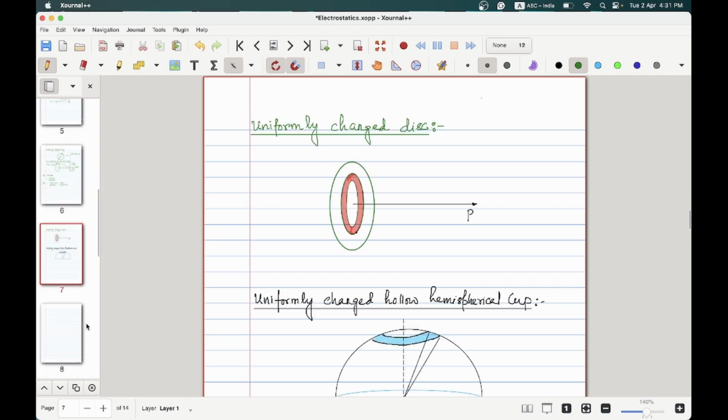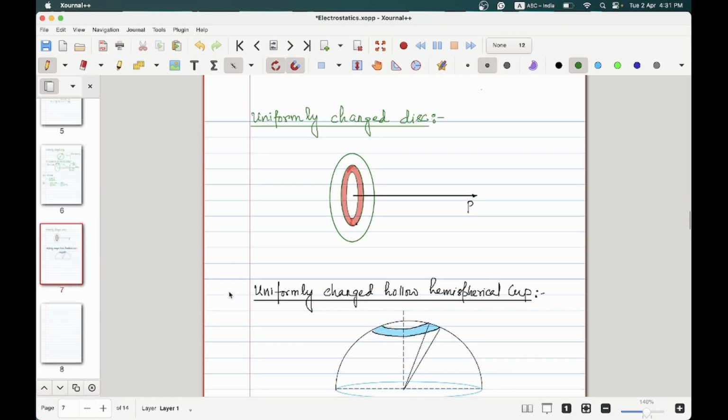So after this, the uniformly charged disk. Here we can consider the area charge density.